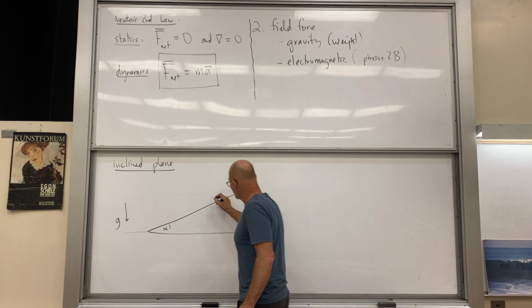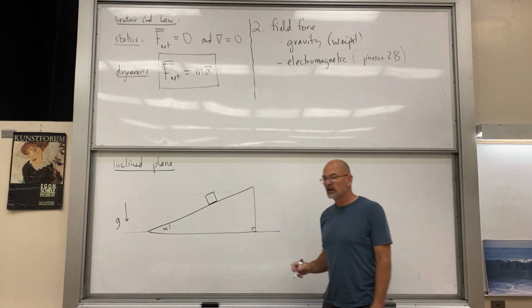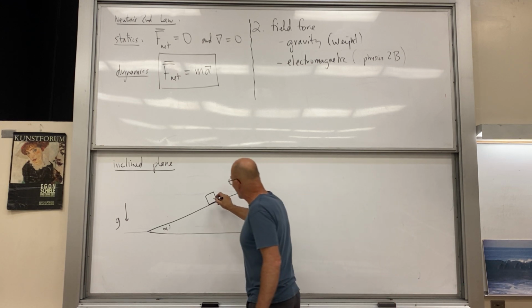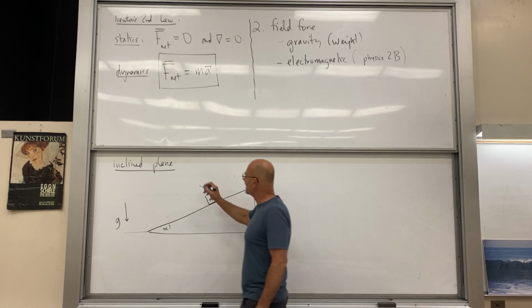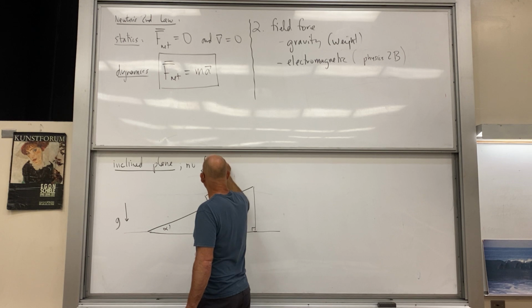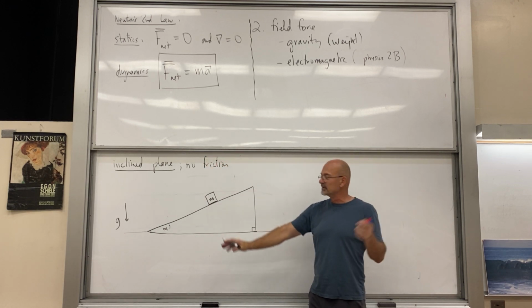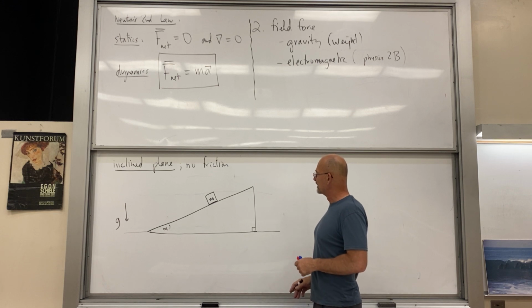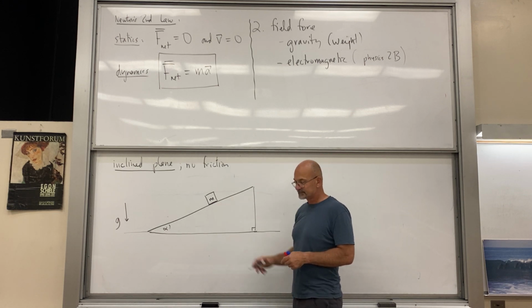Now, we're going to slide a weight down the inclined plane and just analyze this using Newton's law. So this is our mass M. Inclined plane, let's say no friction. Friction comes later. Right now it's going to slide with absolute smoothness. So the question is, what are the forces acting on this?